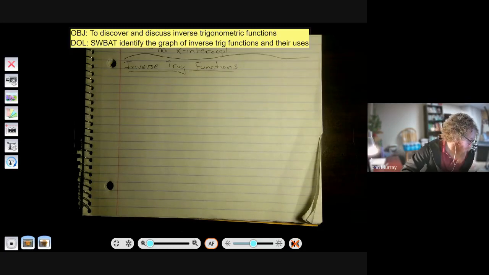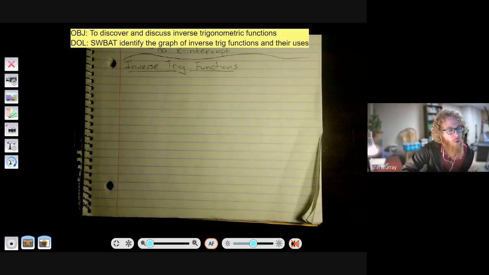All right. So today and for the rest of this week, we are going to be talking about inverse trig functions. Now, like any other function that we apply to variables and to numbers, most of the time there is an opposite operation that we use to work backwards, right?